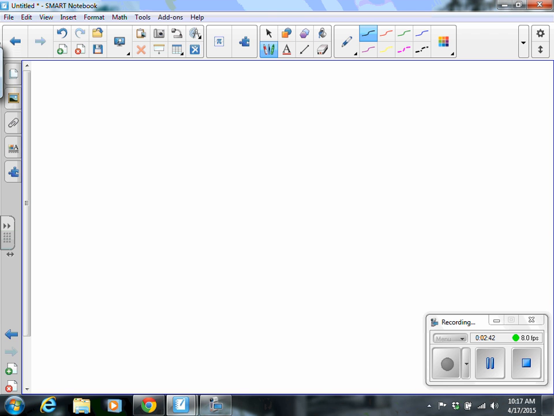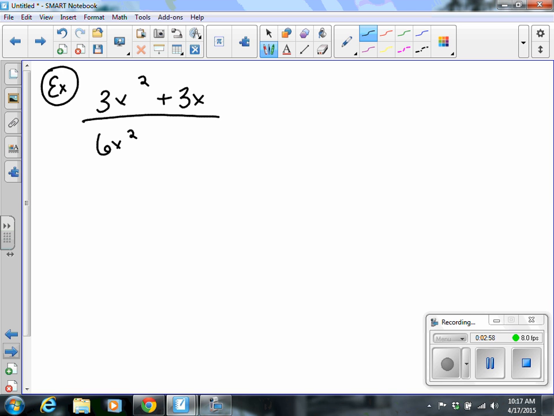Let's get a little bit trickier in the sense that we're going to be working with bigger simplification. So let's say 3x squared plus 3x all over 6x squared plus 9x. Okay, I'm going to factor out my common term on the top, so I've got a 3x in common.